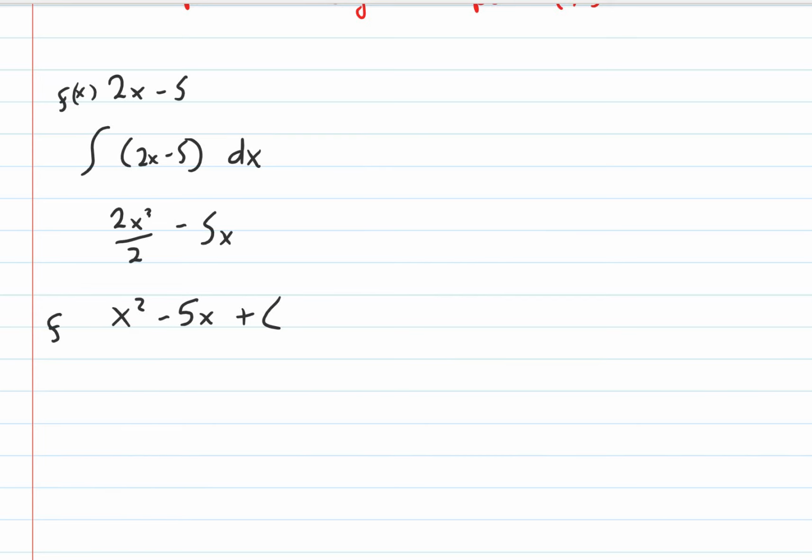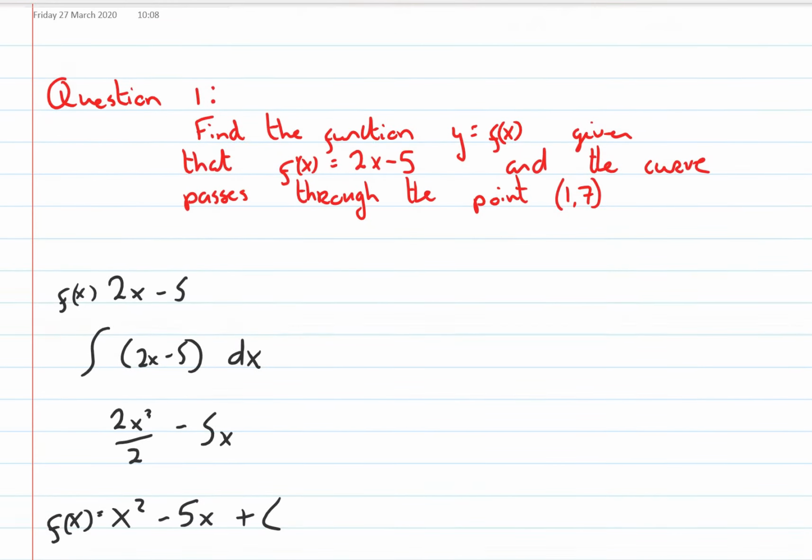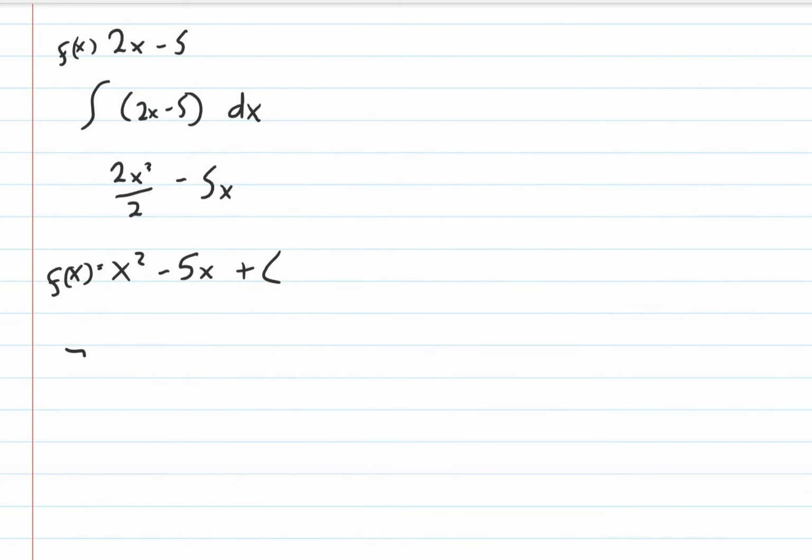Okay, we want to find out what c is though. We have a point, so we're okay. So the y value, or the f(x) value, is 7. We put 1 in for x.